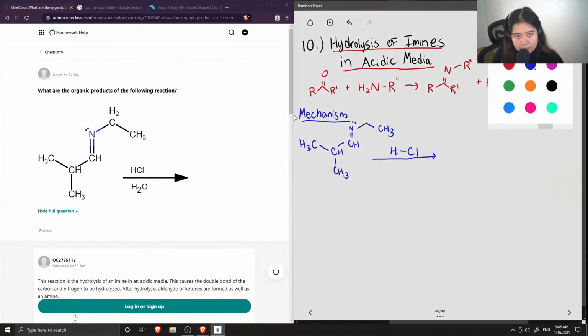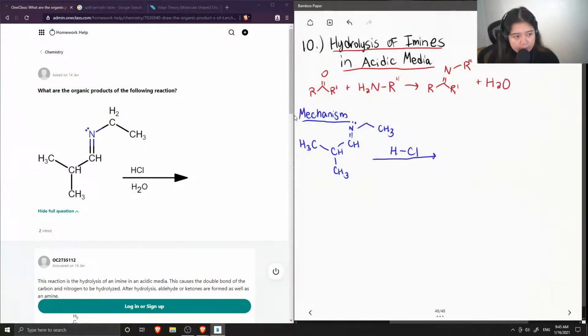So what happens first is that this lone pair on the nitrogen will come down and attack this proton, picking off the chlorine.